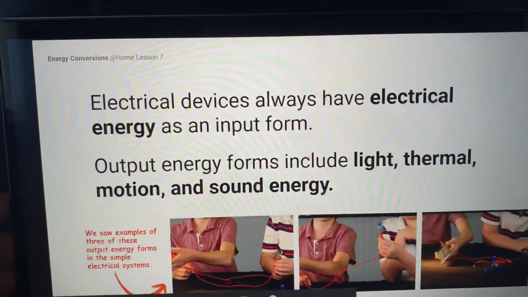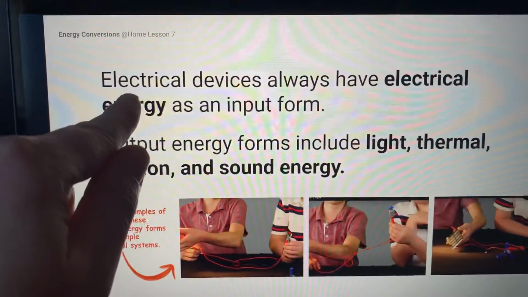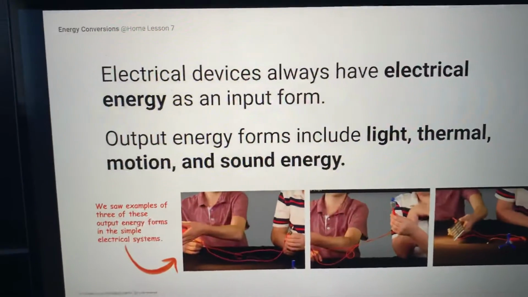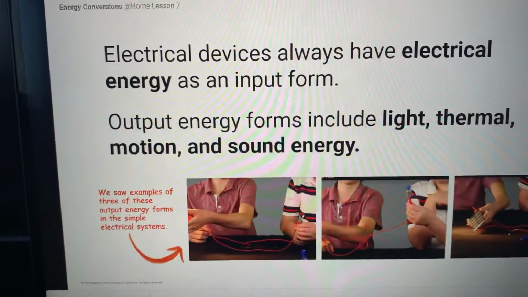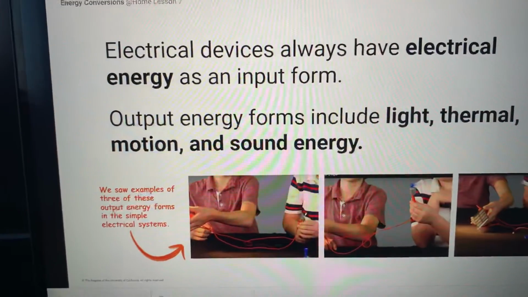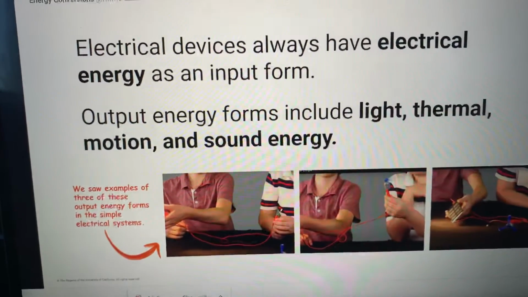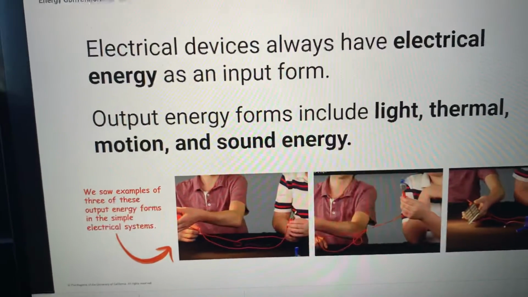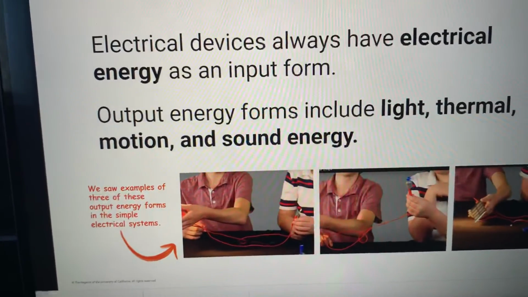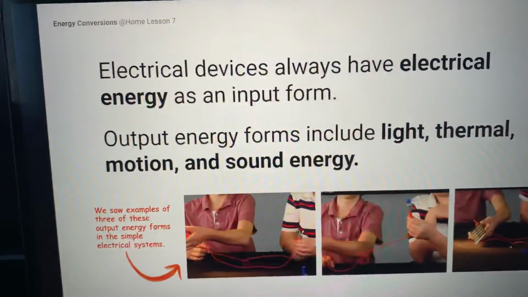Electrical devices always have electrical energy as an input form. So the word electrical, see, it matches. Output energy forms, so that's the energy that they produce, can come in the form of light, thermal, motion, and sound energy. For example, if I were to plug my light into the wall and turn it on, the output energy that it's producing is light energy.